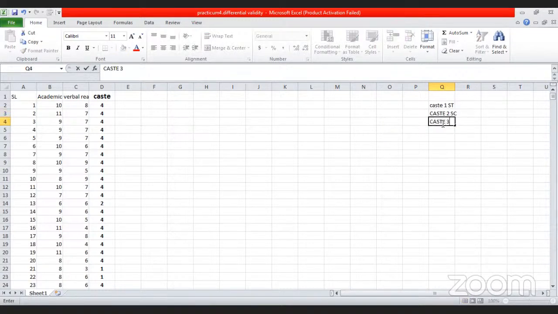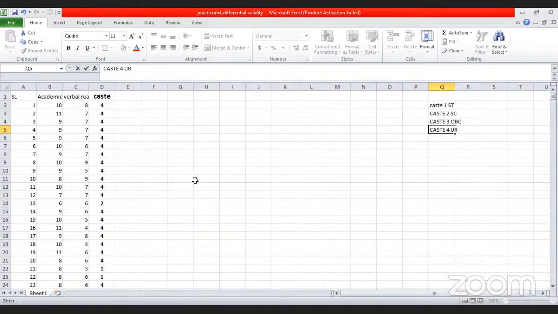Caste 3, OBC. Caste 4, unreserved category, so UR. Okay, so 4 is indicated as the unreserved category, 3 is OBC, 2 is scheduled caste or SC, and 1 is scheduled tribe or ST.